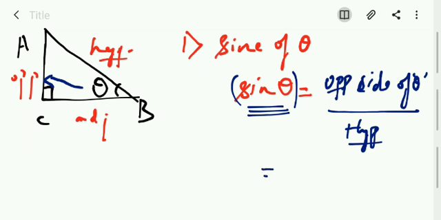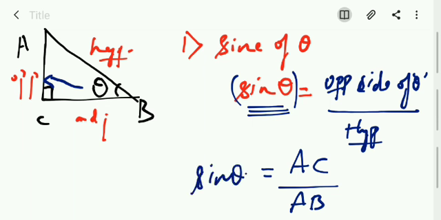Now what is the opposite side? AC by hypotenuse, which is AB. Simple. This is sine theta. So the very first function, sine of angle theta, or simply sin theta, is nothing but the opposite side of the angle theta by hypotenuse. Clear?